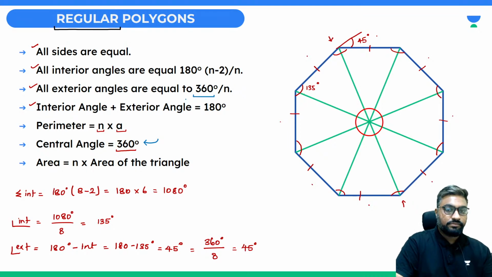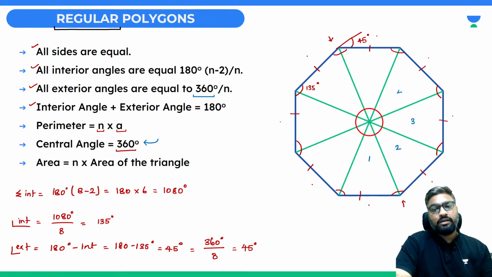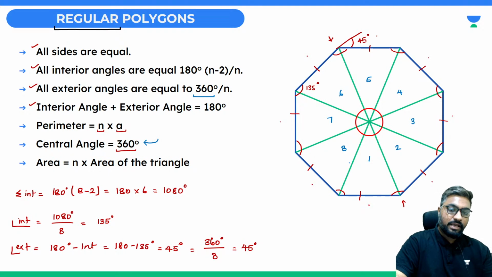Last thing, to find out the area of any given polygon, in fact, if it's a regular polygon, do you notice how this is split into 8 isosceles triangles? These two sides will be equal to each other.